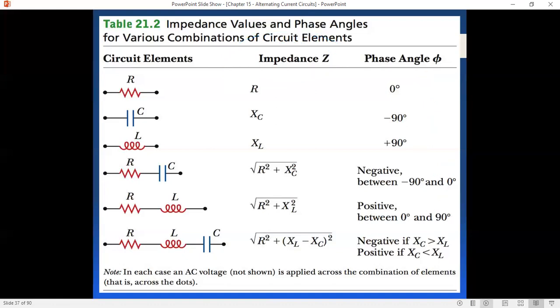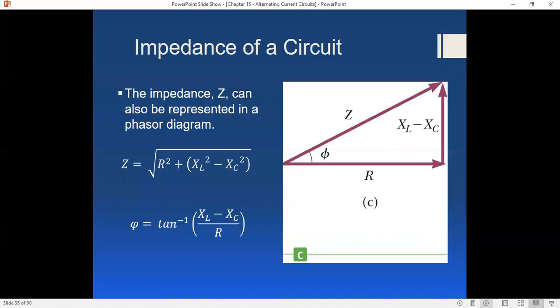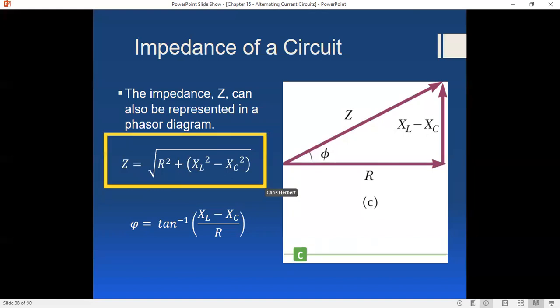Now, we can calculate something called impedance, which puts together all the different effects that the resistor, the capacitor, and the inductor are going to have. This unites resistance with inductive reactance and capacitive reactance all together.